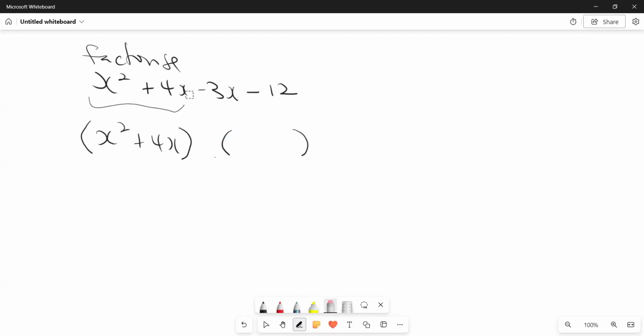Minus 3x. What do I put here now in front of the 12? Do I put a minus there? Yes. Now, if you were to put a minus here and you were to remove this bracket, you would have minus 1 by this 3x will give us a minus 3x. But minus 1 by this minus 12 will give us positive 12.